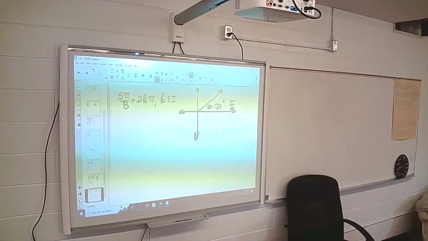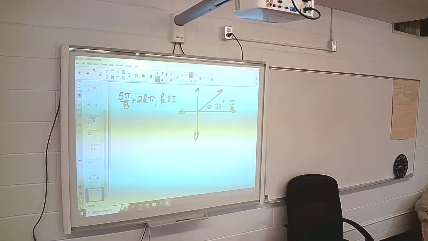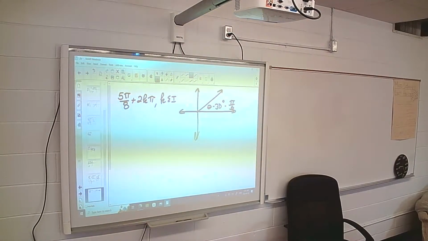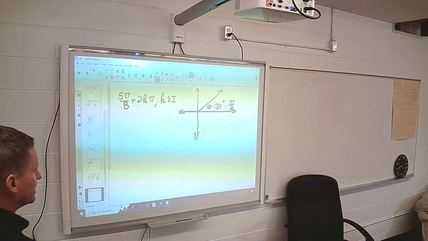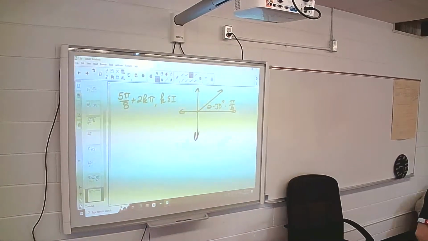That's your answer for that question. You follow? Coterminal means back to the exact same position. So all you had to do is add 2k pi.